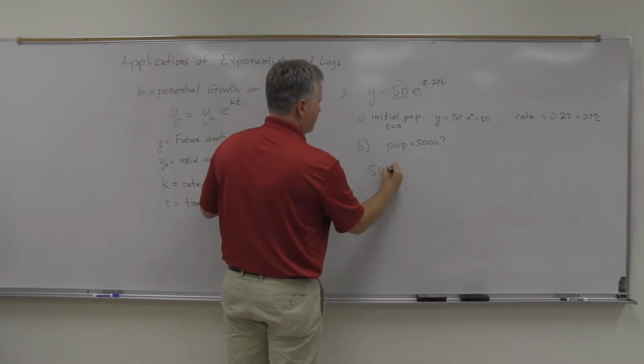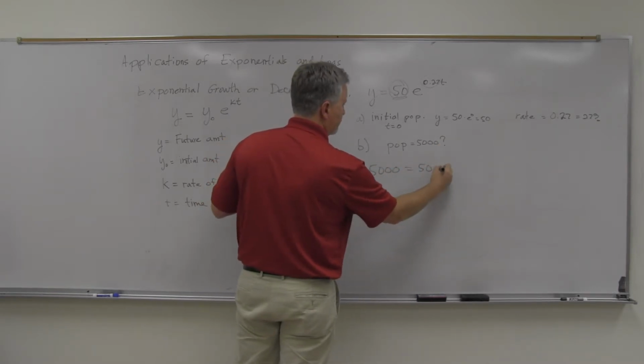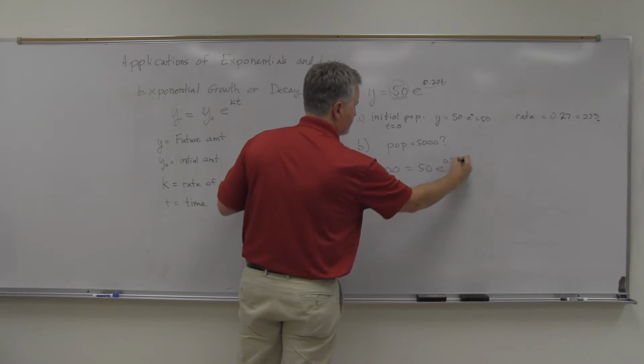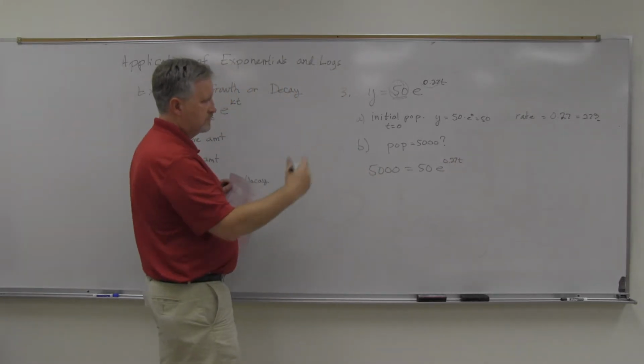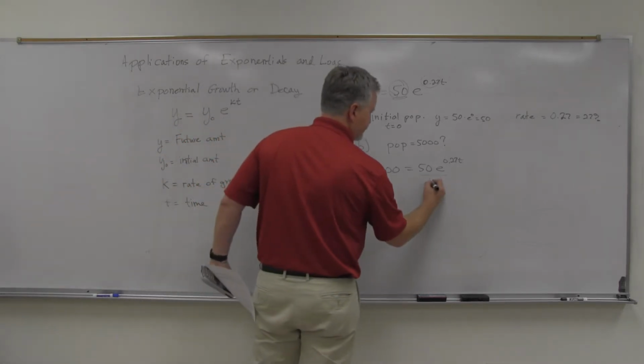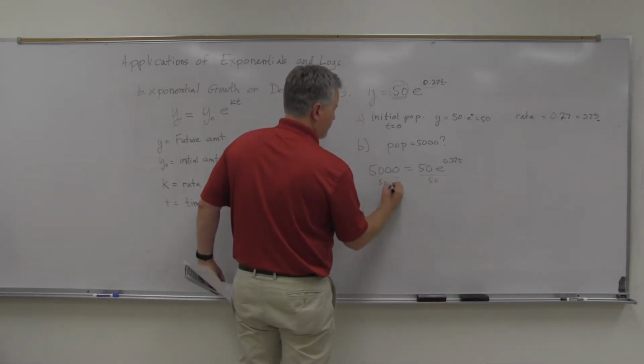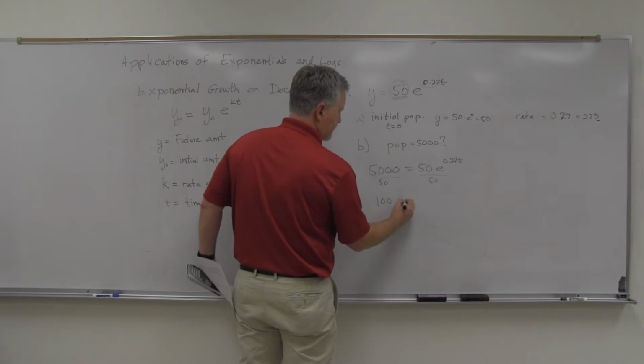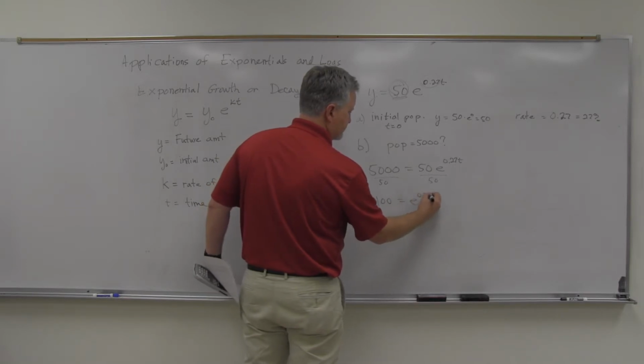That's the y. And so, again, there's our same old equation. Divide by 50. So that's 100 equals e to the 0.27t.